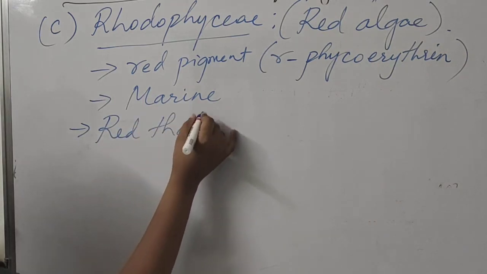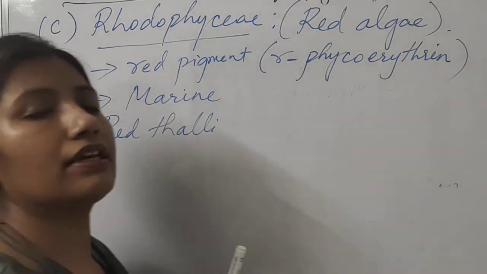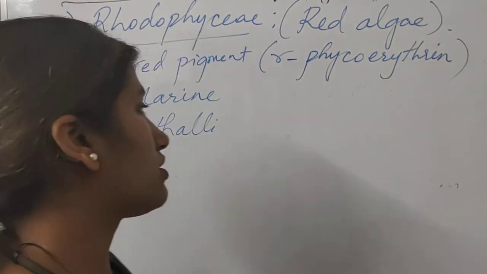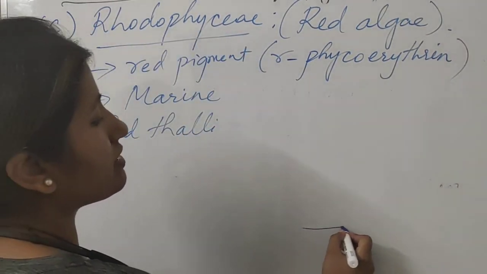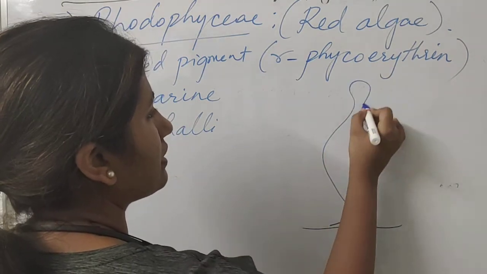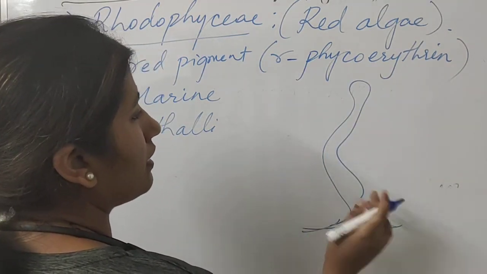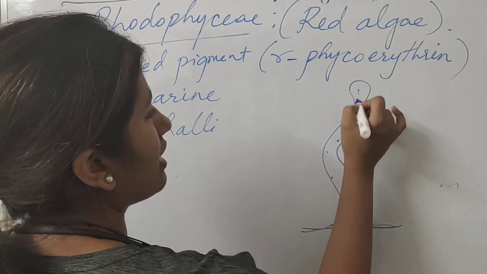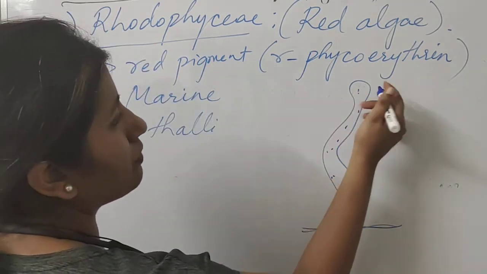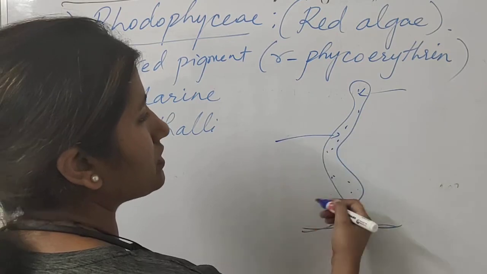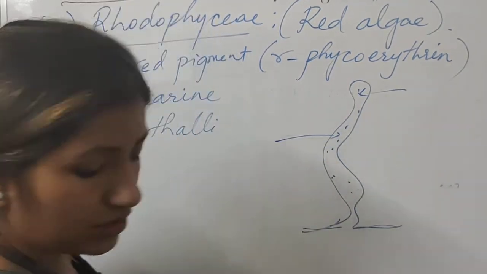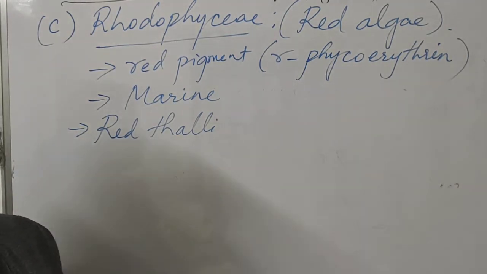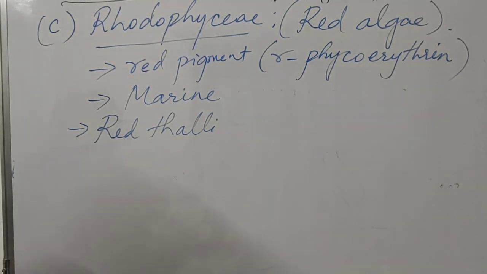Thallus means a simple body without complex organization of tissue. It can be as simple as this, made up of simple cells having red pigments, and with the help of that pigment they do photosynthesis, make food and store it, because algae are completely autotrophic, remember that.